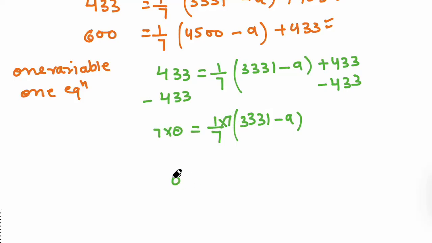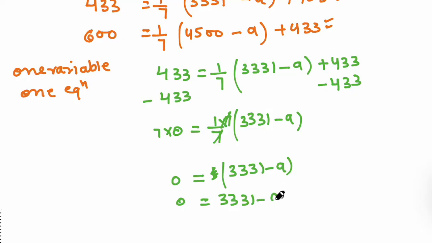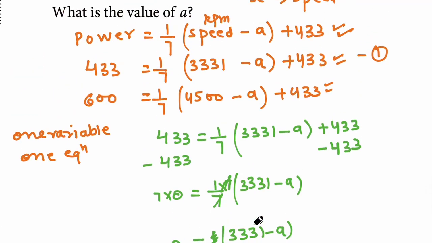Any number multiplied by 0 is 0, so this is cancelled. And any number multiplied by 1 remains the same, so even if we ignore this 1 it doesn't change anything, because 1 is the multiplicative identity. So we have 0 is equal to 3331 minus a. Adding a on both sides, a is equal to 3331, and this is what is asked.